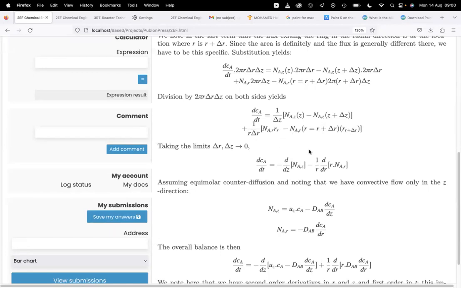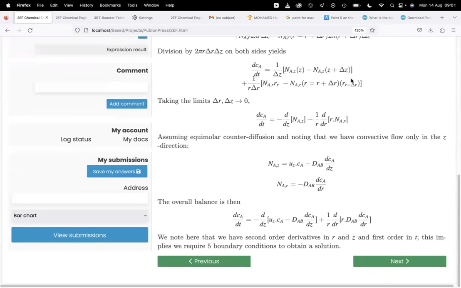And then the radial flux, if we divide by 2 pi R delta Z, the delta Zs are at least going to disappear. The 2 pi's can also cancel, but the Rs are different. So this R is the same as this R, but this R is not, right? This is a slightly different R position.